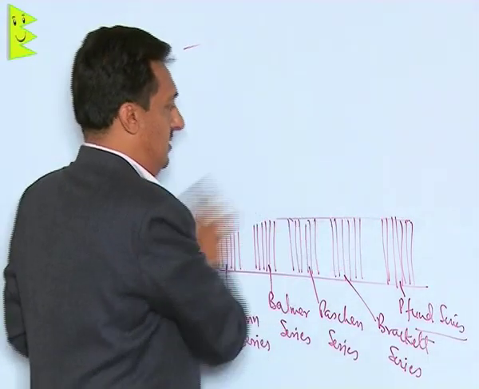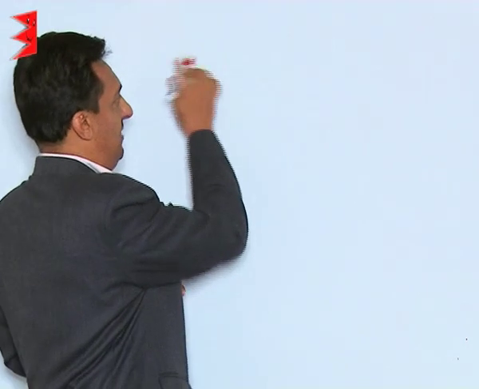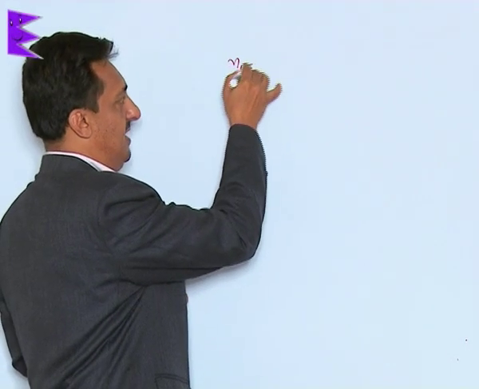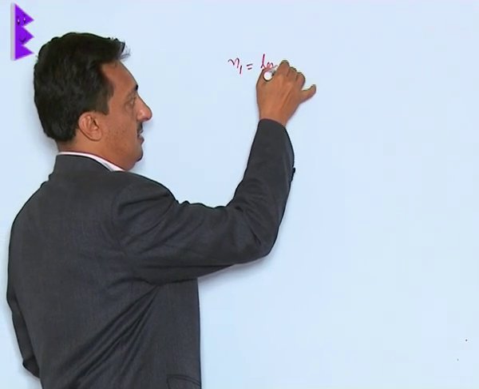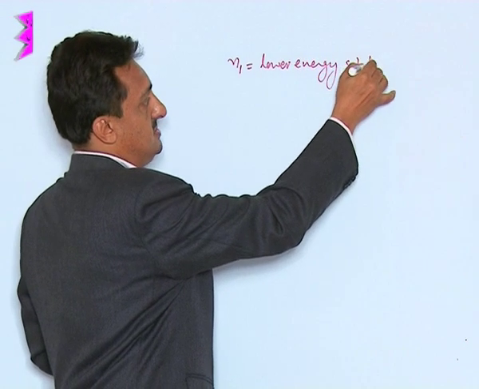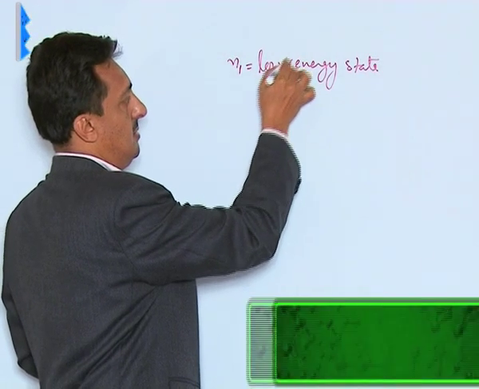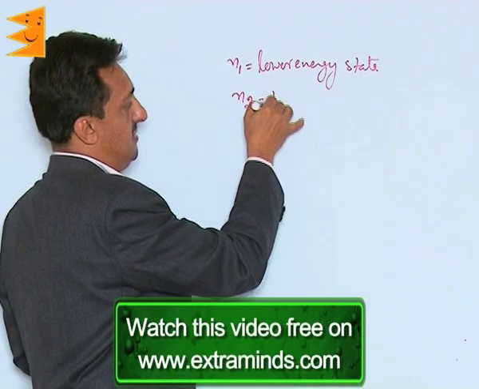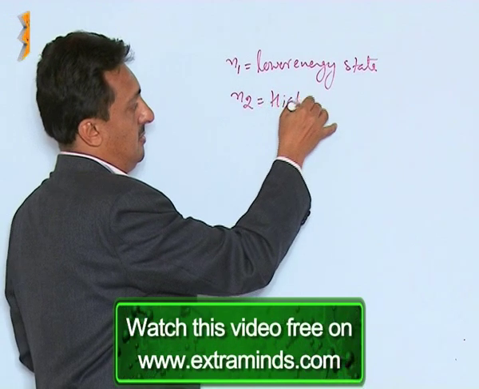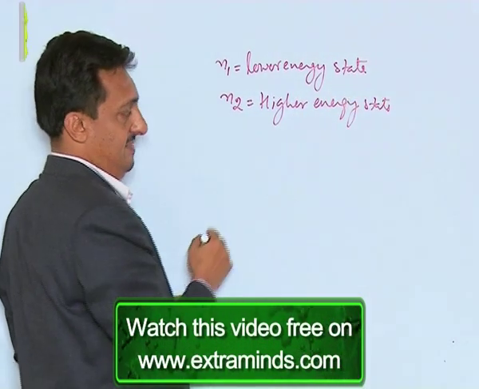Now let me take you to their exact formula-wise values. We always take n1 as the lower energy state and n2 as the higher energy state.